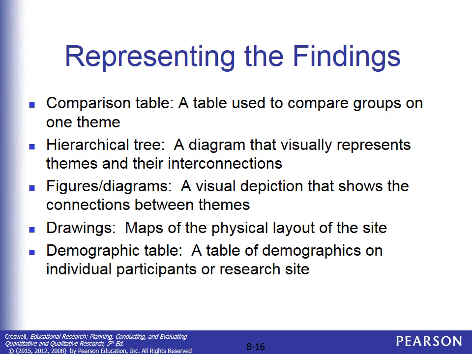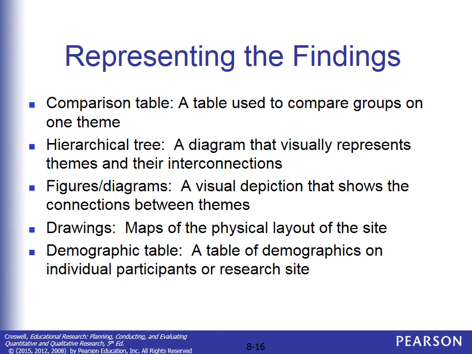You can also develop a hierarchical tree diagram, and this is a diagram that visually represents themes and their interconnections so that the themes are presented in the order from the broad themes to the narrow themes.